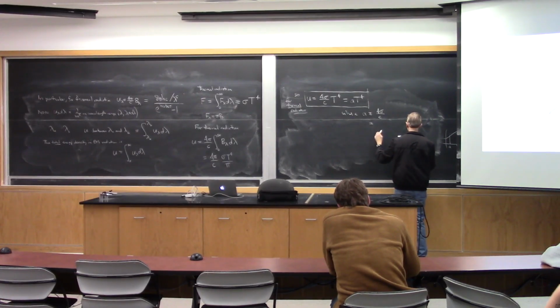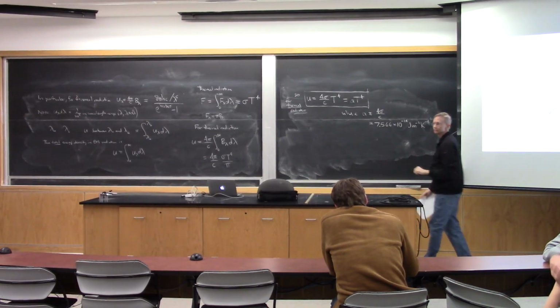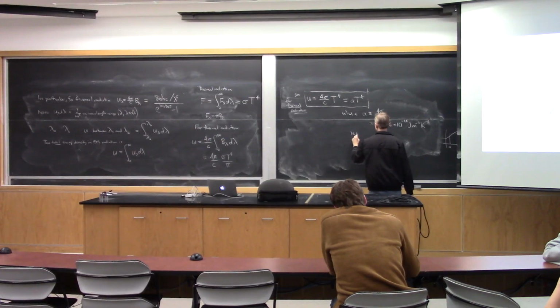And if you run the numbers, that's 7.566 times 10 to the minus 14th power joules per cubic meter per Kelvin to the 4th power, is the radiation constant.